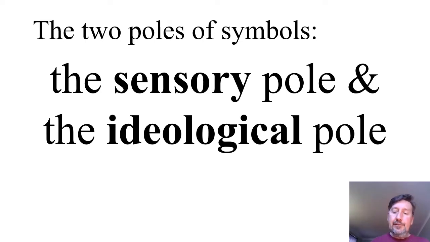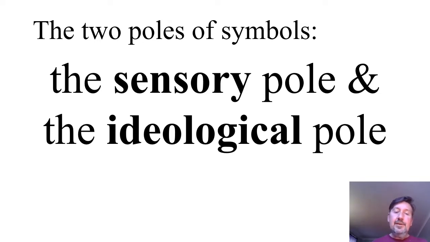At one end of this polarity is what Victor Turner called the sensory pole of the symbol. The sensory pole is the part of the symbol that connects to our emotions. The symbol has an emotional meaning or connection for people, and this is found in the sensory side.